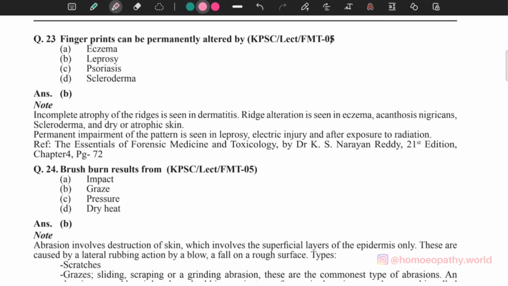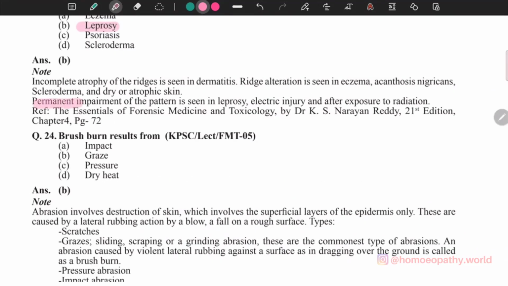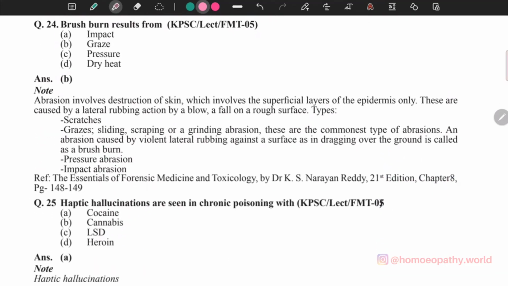Next question. Fingerprints can be permanently altered by A. eczema, B. leprosy, C. psoriasis, and D. scleroderma. The answer is B. leprosy. In leprosy, the fingerprints can be permanently altered. Few more reasons that can cause impairment of the fingerprint pattern are, along with leprosy, electric injury and exposure to radiation.